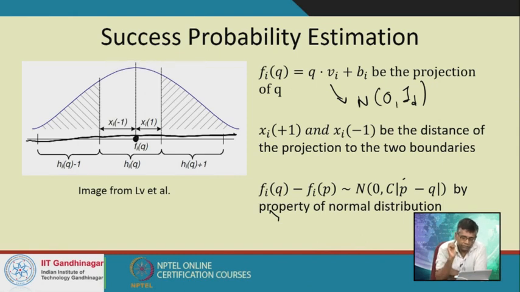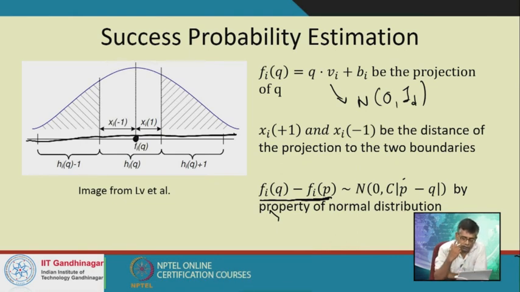If I know this, then I also know the distribution. If the projection of some point P is f_i(P), then I can write down the distribution of f_i(P) minus f_i(Q). Remember that this is really a random variable because of the random choice of V_i and b_i.